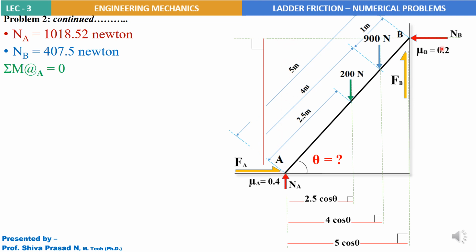This I would get by applying sin theta to this entire triangle. So by that I will get this wall length, that is nothing but equal to the perpendicular distance between the line of action of NB and A. That value works out to be 5 sin theta by applying sin theta to this entire triangle A, B. Just observe the movement of the pointer, this triangle.